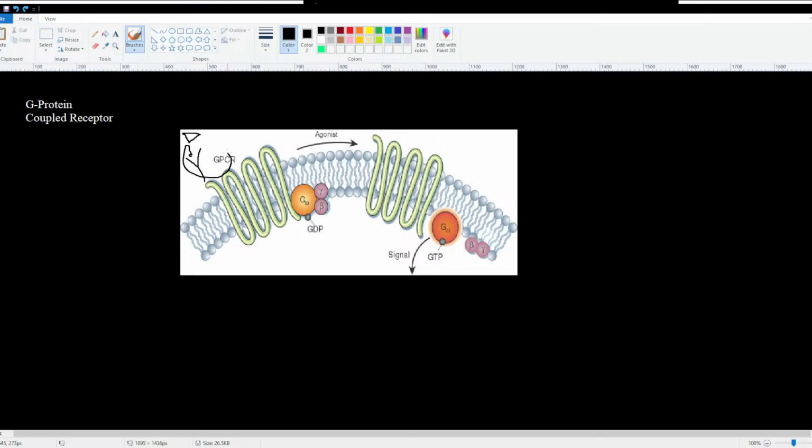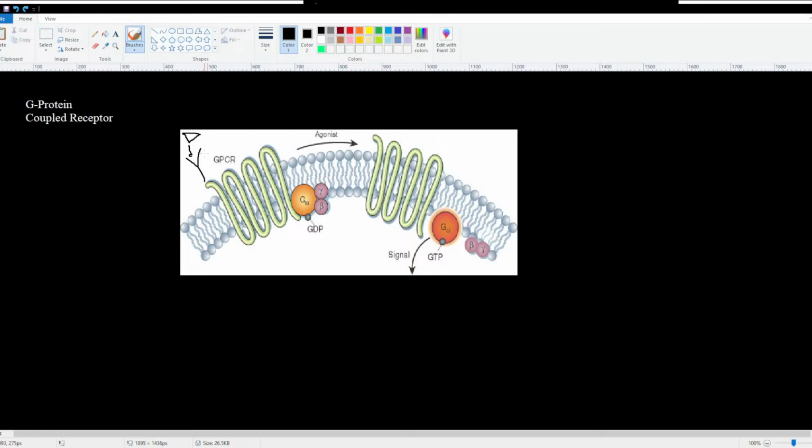And now once this signal is bound, then GDP is going to be replaced with GTP, right? And if you notice, the G protein is essentially in two subunits. You have the alpha subunit, and then you have the beta gamma subunit, which you don't need to know the specifics of.